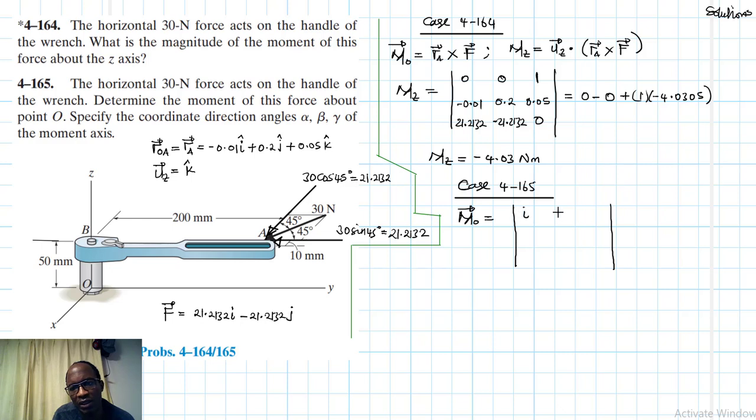We have I, J, K, we have minus 0.01, then 0.2, then 0.05.